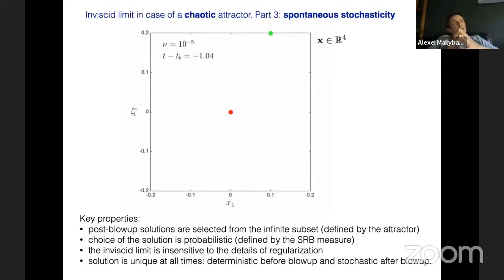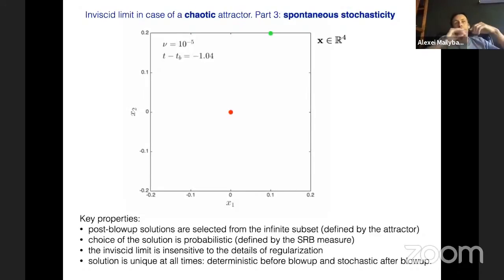The same consequences: the solution is deterministic until a certain moment. At that moment, the system loses Lipschitz continuity, so you get blow-up, and you in fact can extend the solution after blow-up using some regularization procedure. But the extension now becomes random.